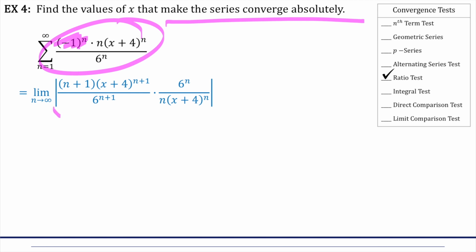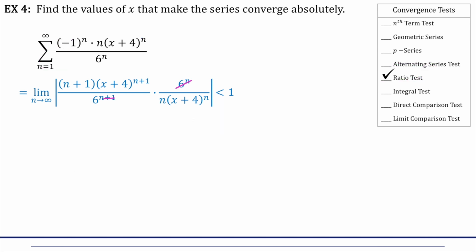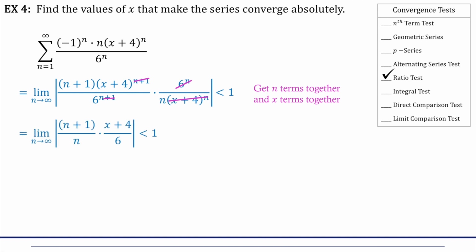So I've got my n plus 1 term divided by my n term. And in order for this to converge, I need this whole thing to be less than 1 because of the ratio test. So I can do some canceling here. And then once I've canceled, I'm going to clean it up and I'm going to put all the n terms together and all the x terms together because then I can really see what's going on.